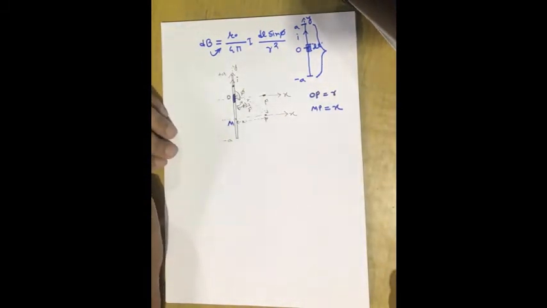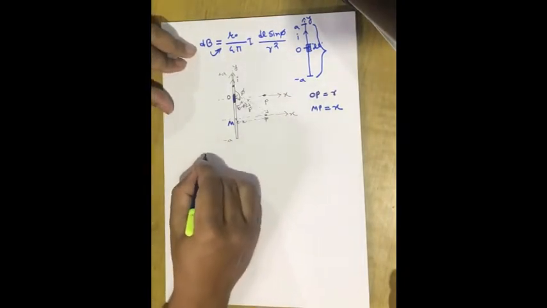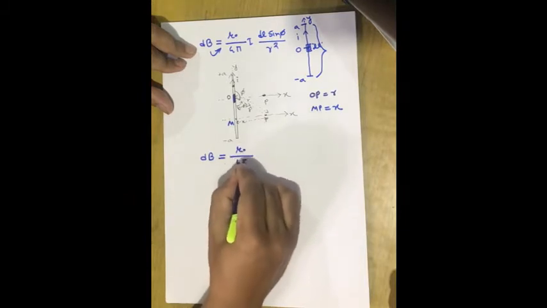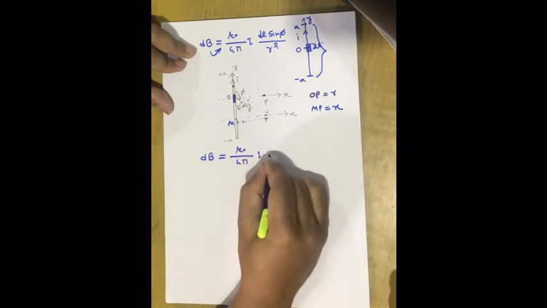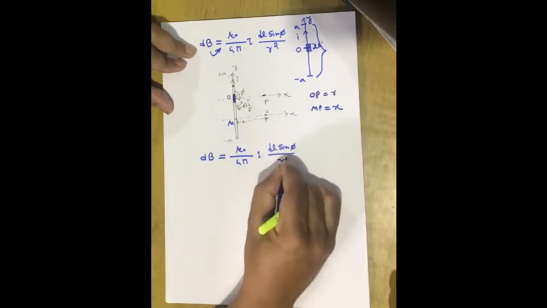Now we have to find dB, as I have already mentioned: mu naught divided by 4 pi, I dl sine phi divided by r square.